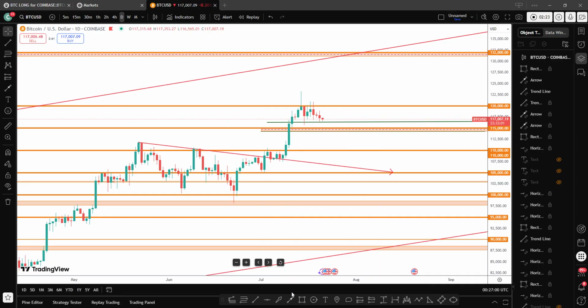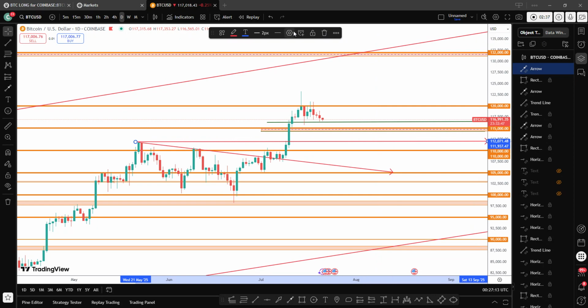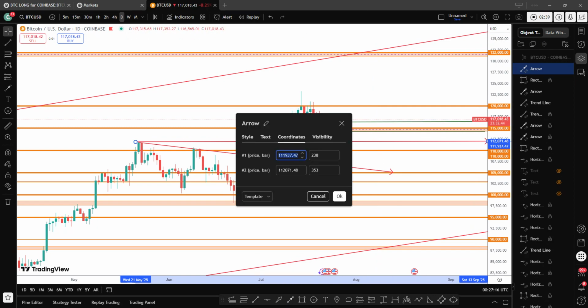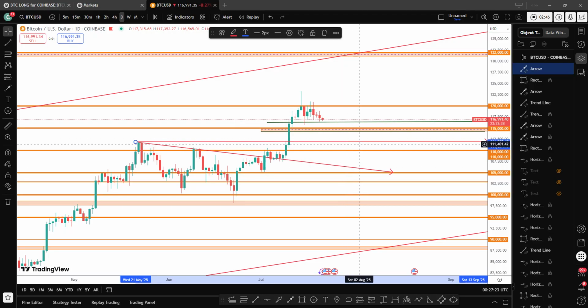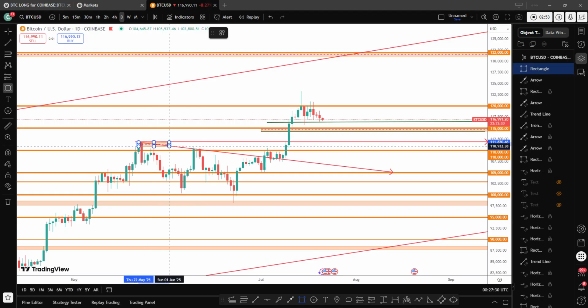So at the end of the day, don't let us forget this area. This is another area we'll be looking at also for price reaction this week.